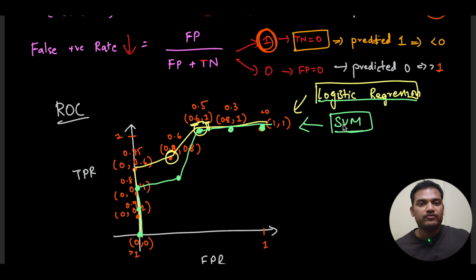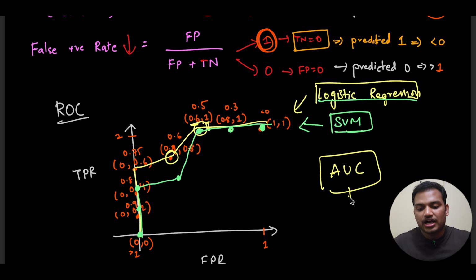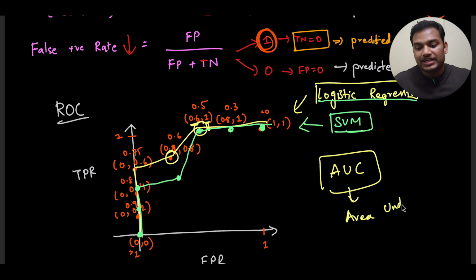In order to find which one is the best algorithm, we need to use something called AUC, that is area under the curve. Area under which curve? Area under this particular ROC curve. Whichever algorithm has more AUC will be the best model for the problem that we have.